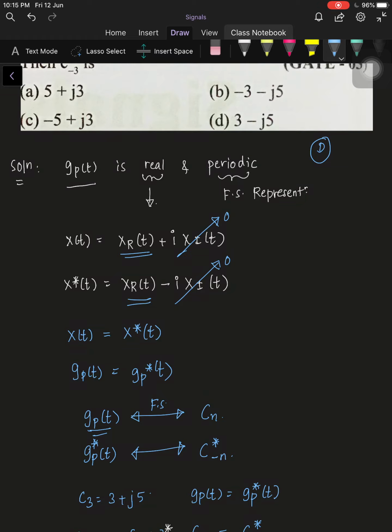Not just the concept, but how to use the concept and the statements given in the question to proceed with our solution. That's why this is taking much time. Otherwise it's merely a 1 or 2 minute solution.